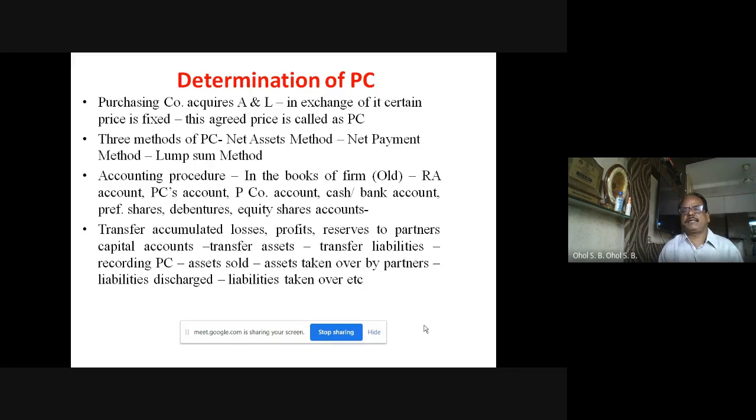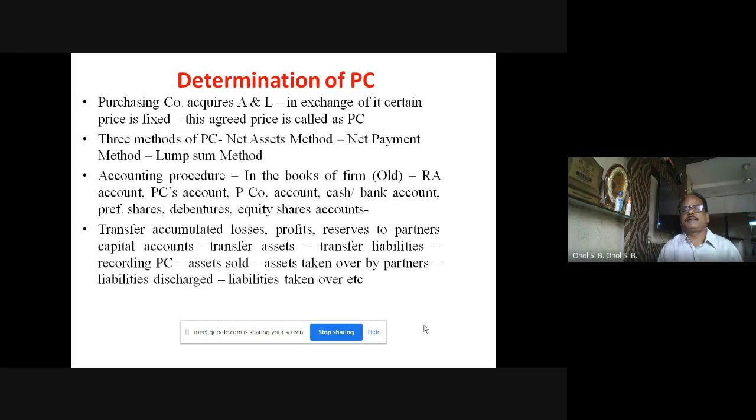These are the usual things in the amalgamation of partnership firm and in the conversion of partnership firm into limited company. These are the accounts to be closed one by one.